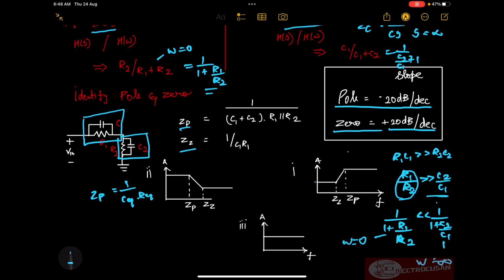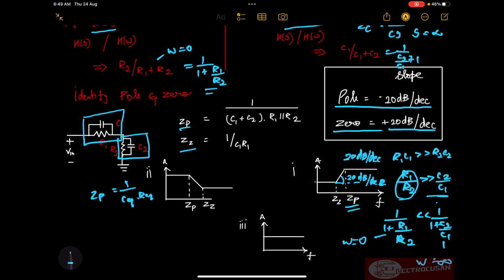As I said earlier, when you approach a zero, the slope of the plot will increase by 20 decibel per decade, right? So this is a 20 decibel per decade slope increment, and as you approach a pole, the slope will decrement by 20 decibel per decade.